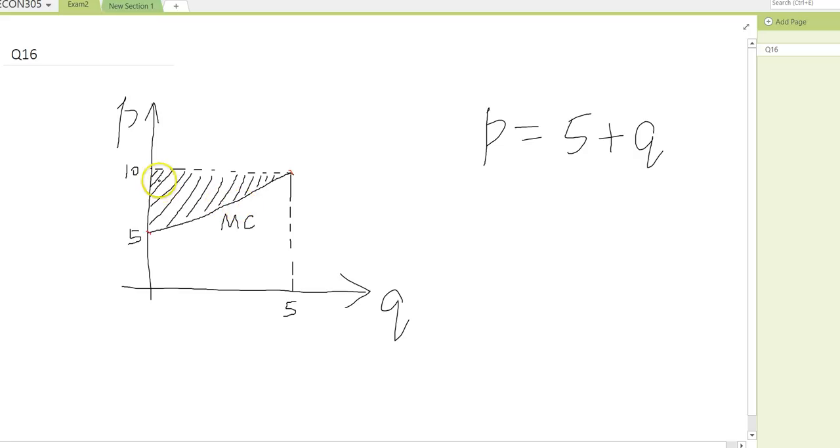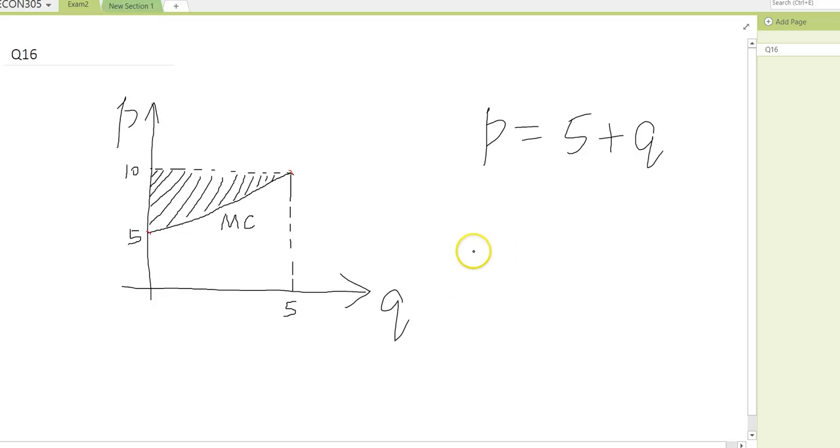So to calculate the area of the triangle, we basically can use the two. One is the length of the bottom. Here is 10 minus 5, and another variable we need is the height. That's also 5.